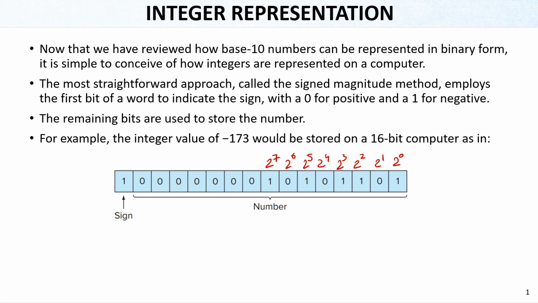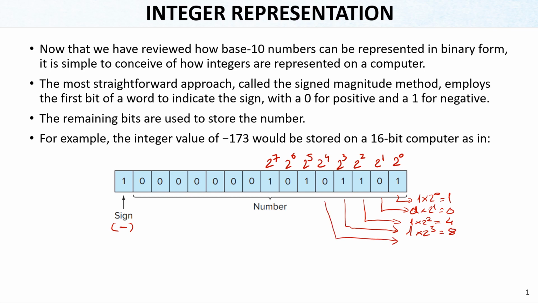Let's define this. The sign is negative because it's 1. Here, 1 times 2 to the power 0, this is 1. 1 times 2 to the power 1, this is 2. Sorry, this next one is 0. 1 times 2 squared is 4. 1 times 2 to the power 3 is 8.